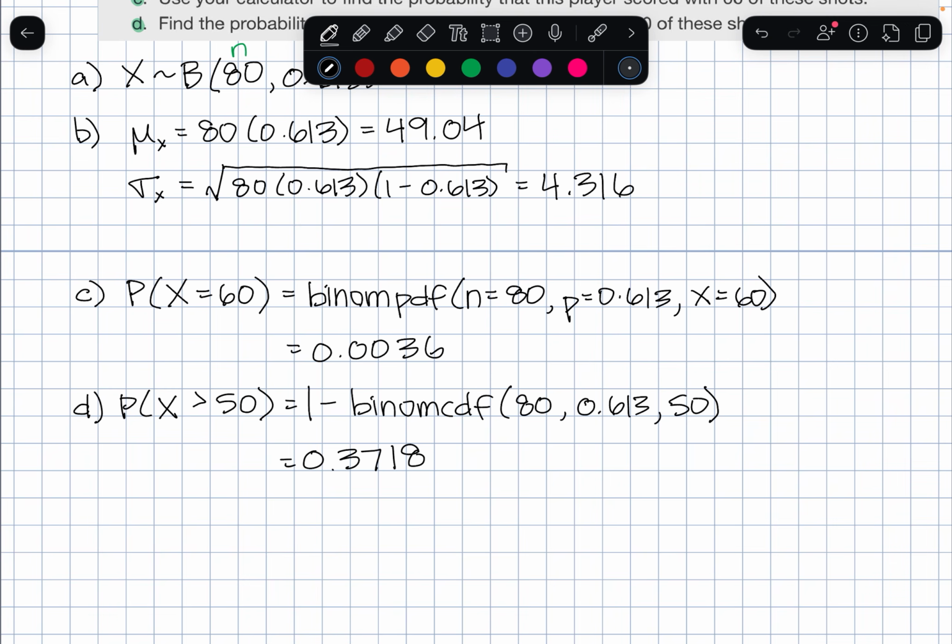So given a success rate of 61.3%, there's a 37% chance that he's going to make more than 50 of his 80 shots. So getting exactly 60 shots is rare, but getting 50 or more is not that uncommon.